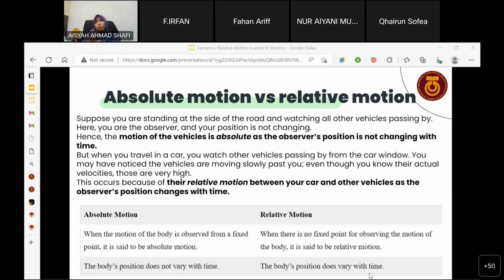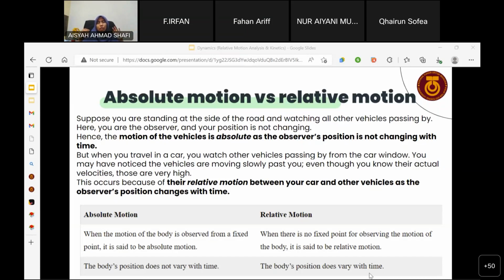Okay, before this, we learned about absolute motion. That means we just observe from the outside. We look at the motion of the car on a curvilinear path. We observe the motion of a ball thrown from the top of a building. That means we see from outside. We are not moving. But when we, as observer, are in a moving state, we cannot analyze with the previous theory.